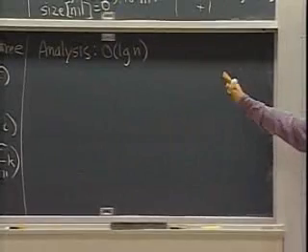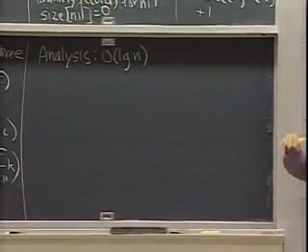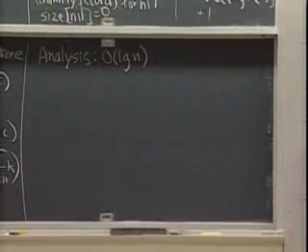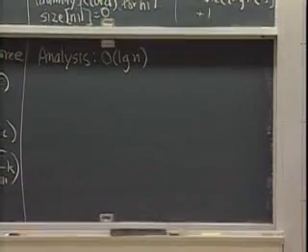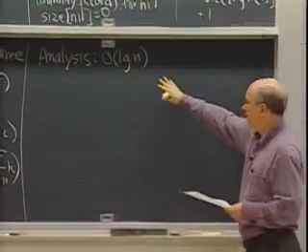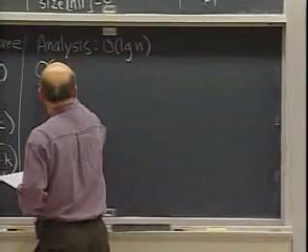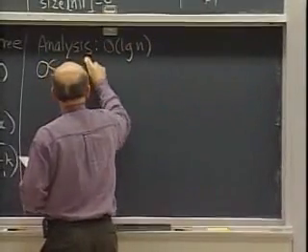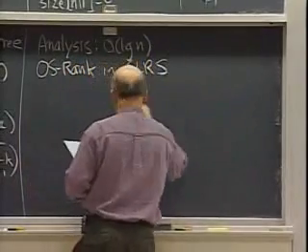In fact, this code will work on any tree that has order log n height. And so if you have a guaranteed height the way that red-black trees do, you're in good shape. OS-Rank we won't do, but it's in the book. It also gets order log n.